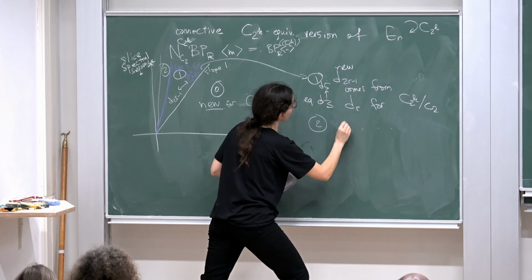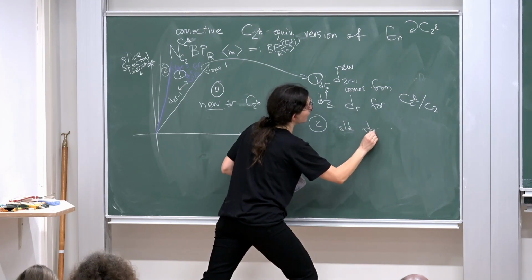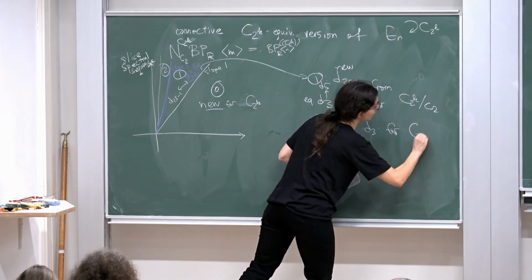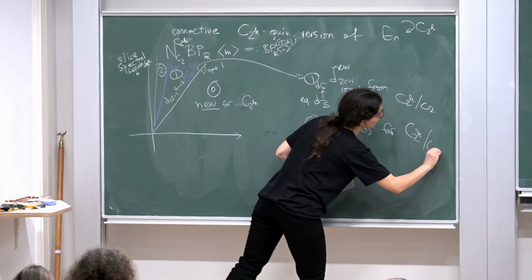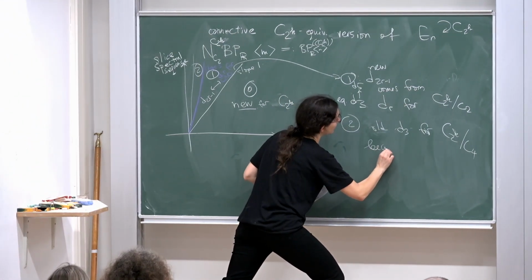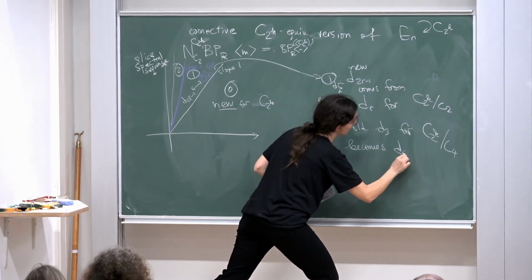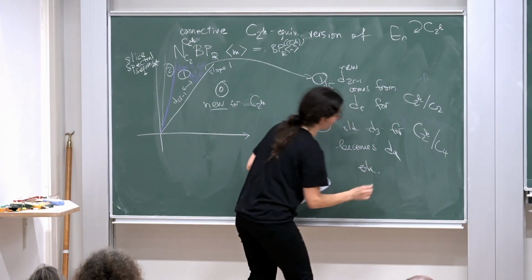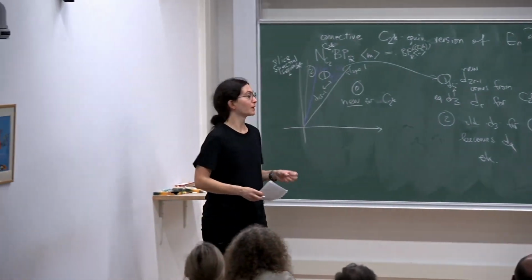Here, let's say the old D3 for C2 to the K mod C4 becomes the D9, etc.